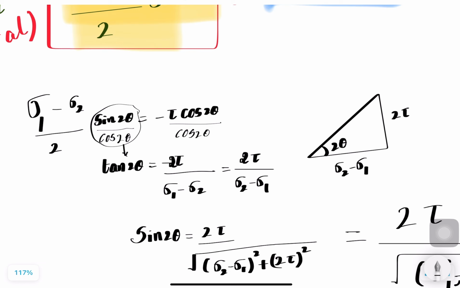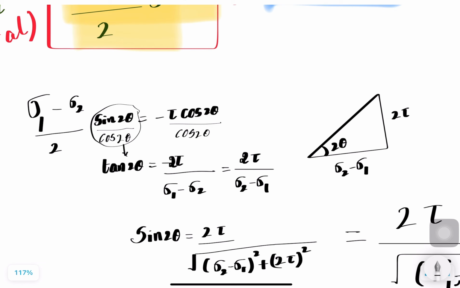Whether it is tan theta or tan 2 theta or tan alpha, tan beta, the formula is just opposite by hypotenuse. Did I say opposite by hypotenuse? Terrible mistake. It's opposite by adjacent, right? So tan 2 theta is opposite side divided by adjacent side.